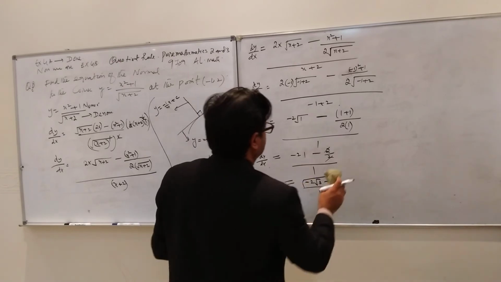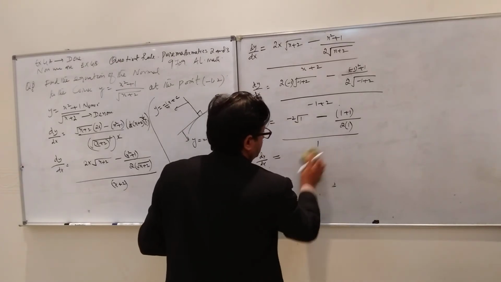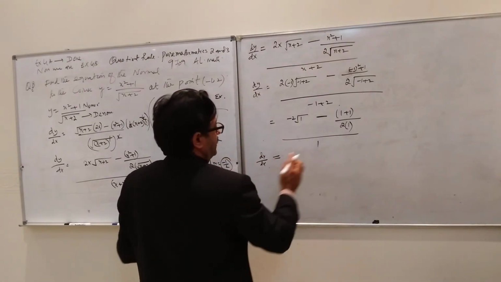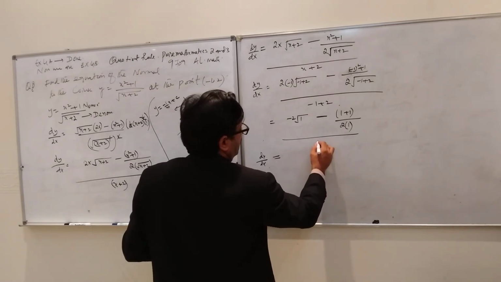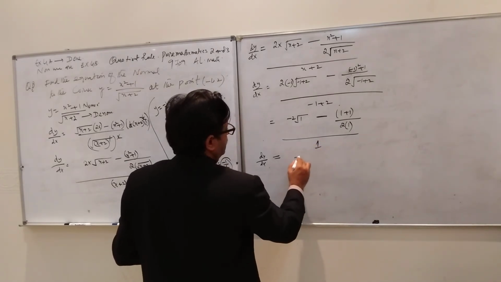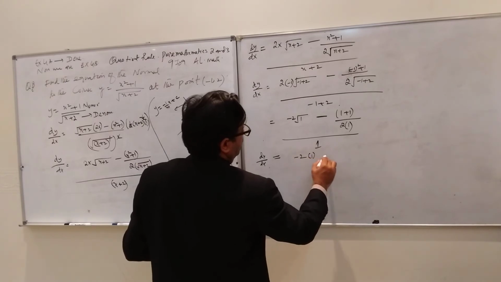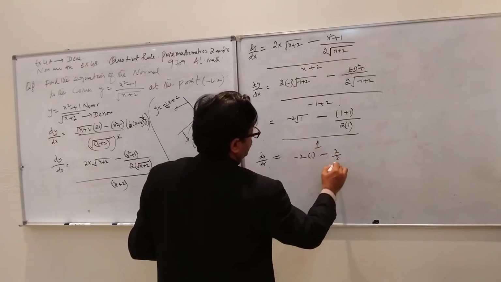I was having doubt here because the question was not giving the correct result. So minus 2 into 1 and minus 2 over 2 over 1.